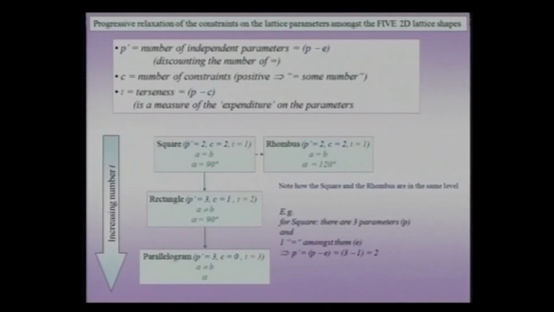For instance, in the square case, there are 2 constraints, and these constraints are A equal to B and alpha is constrained to be 90 degrees. In the case of the rhombus lattice, the constraints are A equal to B and alpha is equal to 120 degrees. And in both cases, I get the value 3 minus 2 is equal to 1. Therefore, the square and the rhombus are at the same level as far as expenditure in parameters goes.